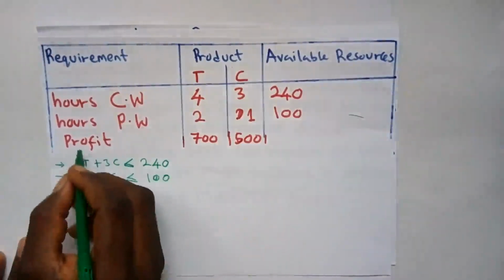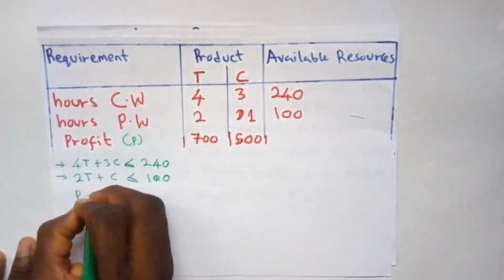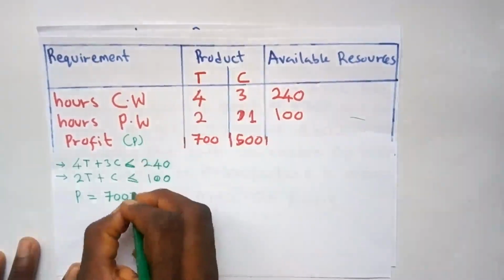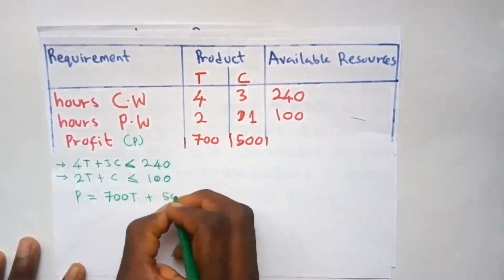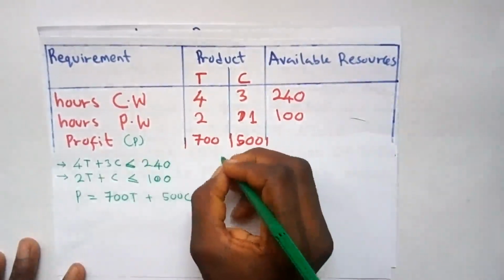Recall that you want to maximize the profit, so let's call the profit P. So P is equal to 700T plus 500C. So write the question in this format.